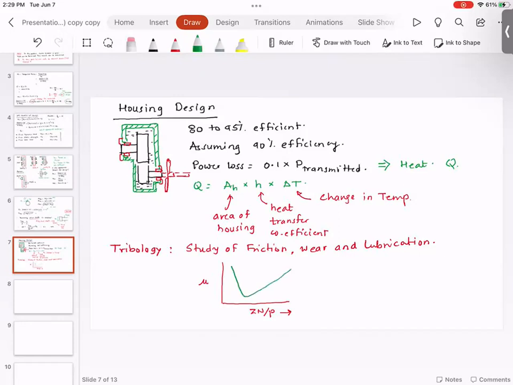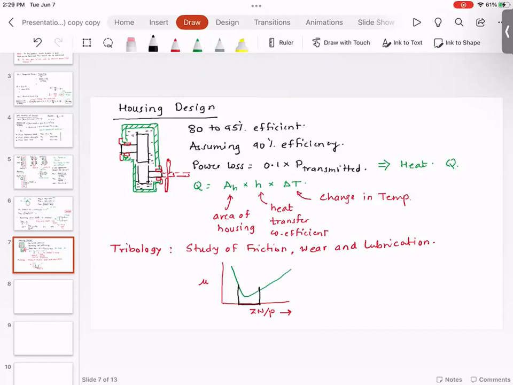follows this type of profile. If you think about it, n is the speed, p is the contact pressure, and Z is associated with the viscosity of the oil. So what you want to do is select the oil that would maintain the operating region somewhere over here.